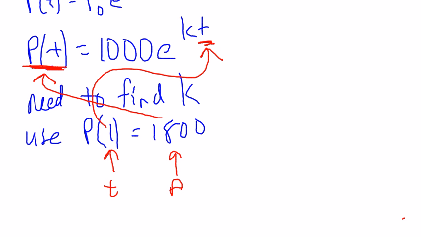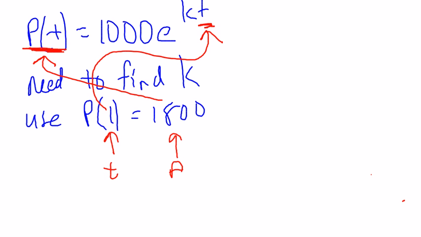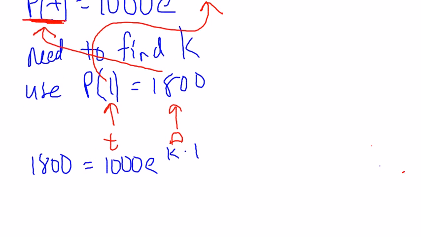What I get is that 1,800 is equal to 1,000 e to the k times 1. And the k times 1 is all up in the power for that exponential.